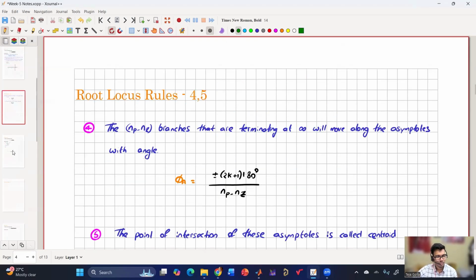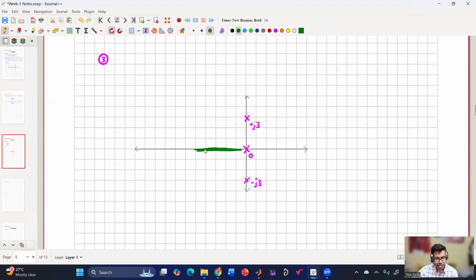So if I consider this region, how many poles and zeros are on the right hand side? If it is odd, then that is a part of root locus. So is this part of root locus? Yes, sir, because the number of poles and zeros on the right side is odd.